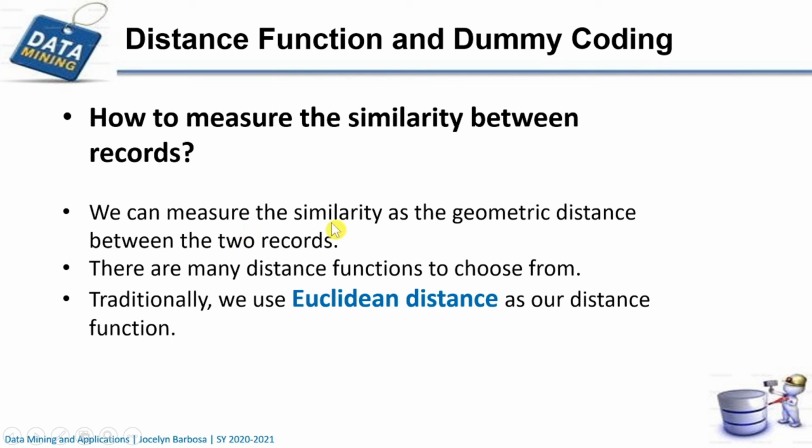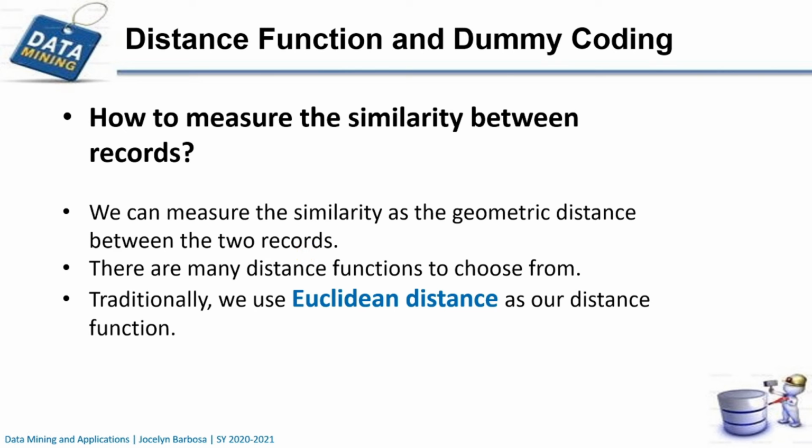We can measure the similarity as the geometric distance between the two records or the two instances. This is what we mentioned earlier. The two instances that we are referring to are the features of the new instance and the features of the other record or other point found in the dataset.